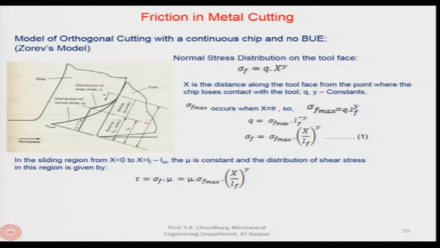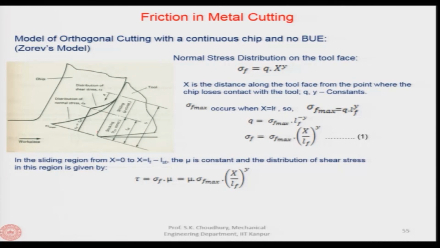Okay. Now, within this chip tool contact length, let us say from the tip where the normal force is maximum up to a certain point, the normal force remains high, and here the shear stress is maximum, and the shear stress is given as tau st. Tau st, because this is the zone which is called the sticking zone.